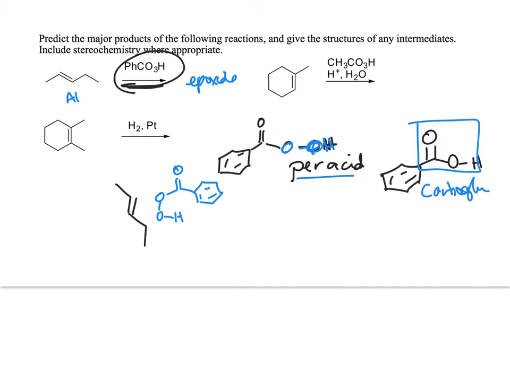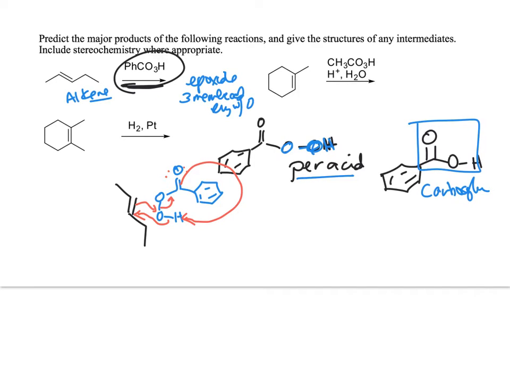So you go from an alkene to an epoxide. An epoxide is a 3-membered ring with oxygen. So here, this hydrogen is going to go here. Those electrons go there. These electrons go to that oxygen. Those electrons go there.